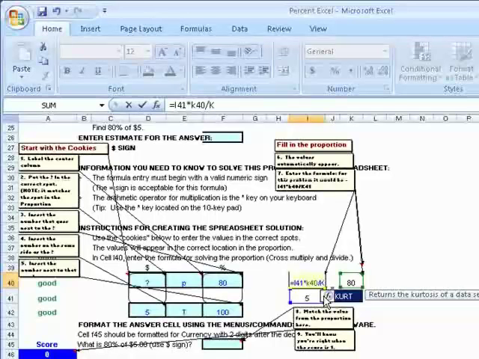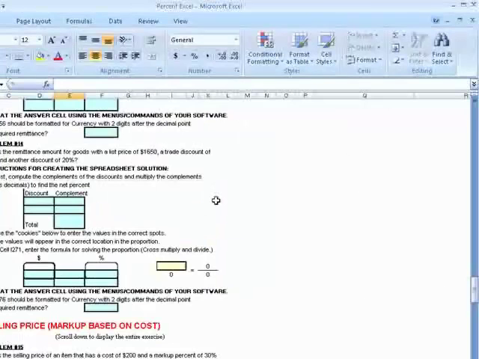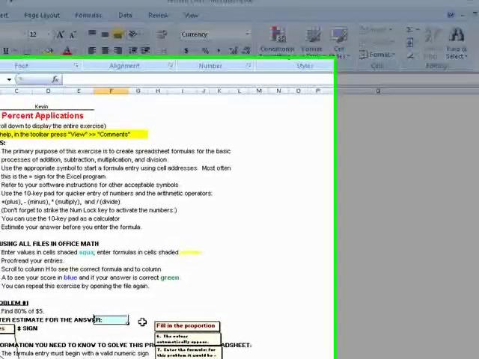Then it says match the value from the proportion here. Oops, we forgot to estimate there, didn't we? Very first thing we forgot to do, that was we were going to estimate our answer. So our estimate will be $4.